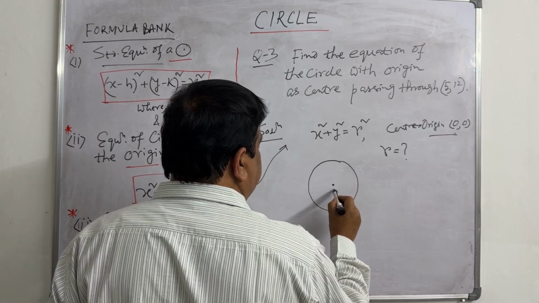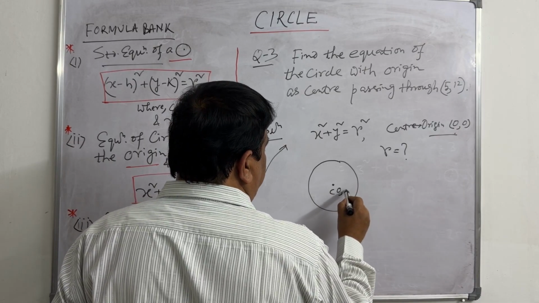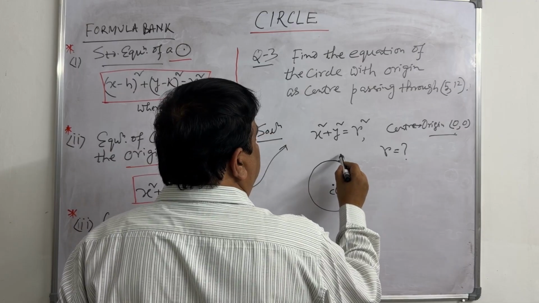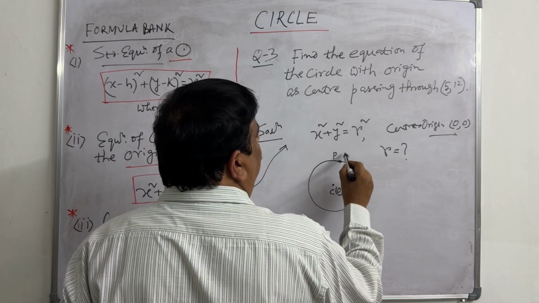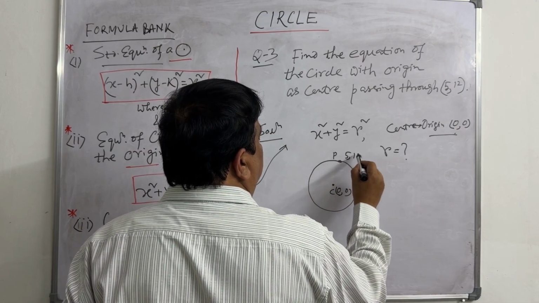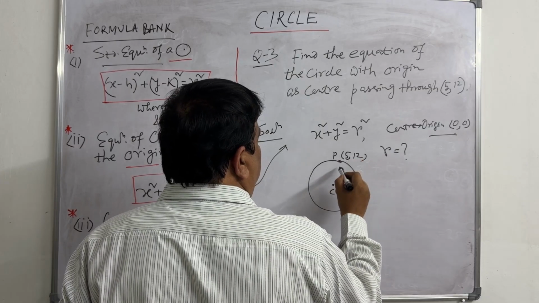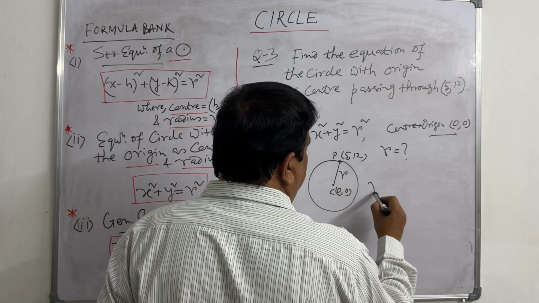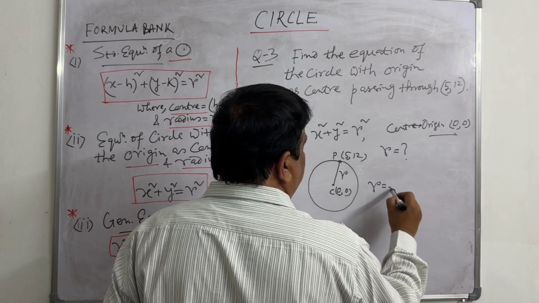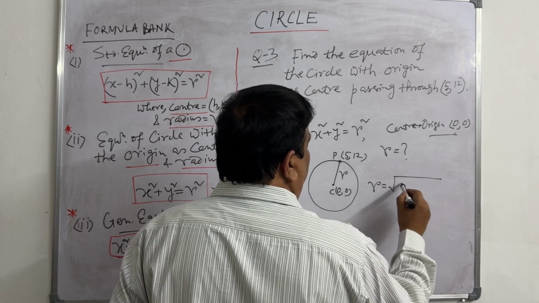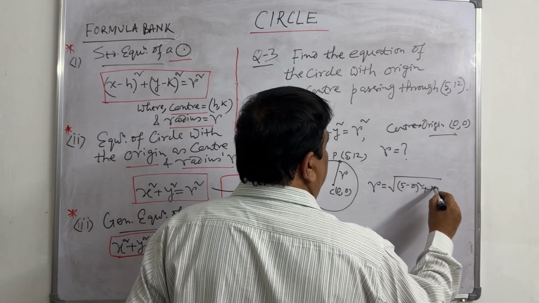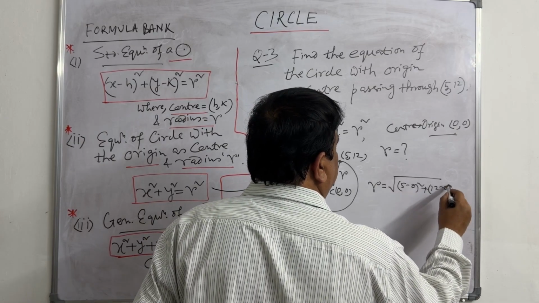So the case is like this. This is your center, its coordinate is 0, 0, and it is passing through a point, say P, whose coordinate is 5, 12. So what is the radius? Use distance formula. Radius is equal to square root of 5 minus 0 whole square plus 12 minus 0 whole square.